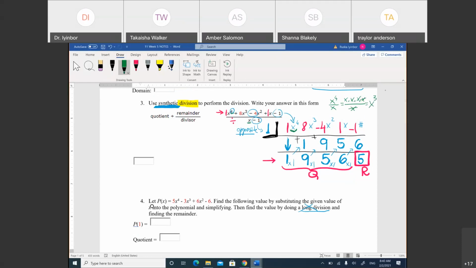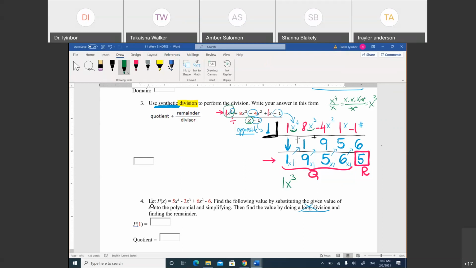So now, what that means is, when I divide this term, x to the 4th, by x, it's going to give me x cubed. So this number down here in my quotient numbers is going to be in front of x cubed. So I'm going to have 1x cubed, right? Then when I divide x cubed by x, what am I going to get? x squared, right?